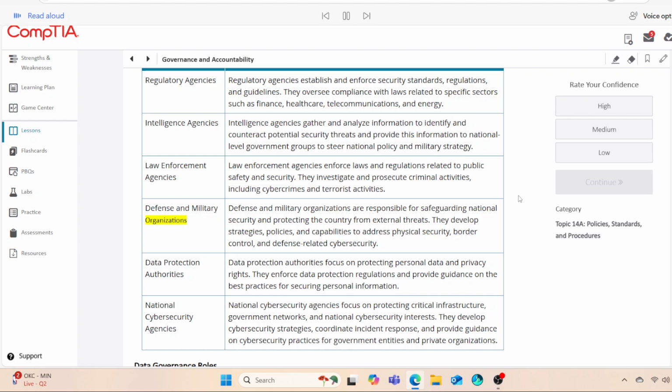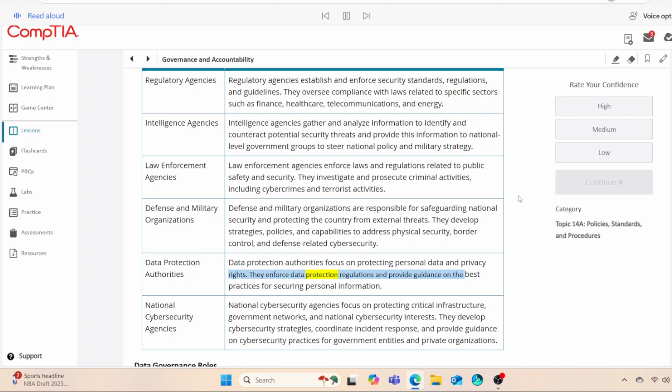Defense and military organizations. Defense and military organizations are responsible for safeguarding national security and protecting the country from external threats. They develop strategies, policies, and capabilities to address physical security, border control, and defense-related cybersecurity. Data protection authorities. Data protection authorities focus on protecting personal data and privacy rights.